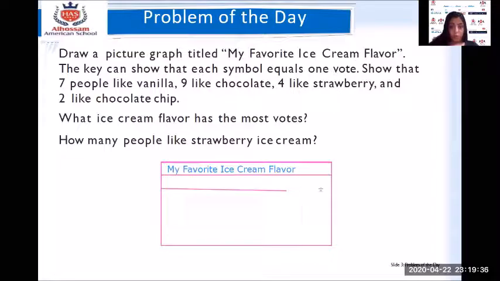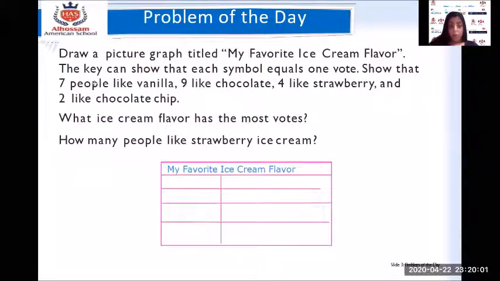The first one for vanilla, then for chocolate, and here for strawberry, and then for chocolate chip. Here you're gonna write the flavors, and then based on the numbers of the votes, you're gonna draw pictures for each one of them. For example, here I'm gonna write vanilla.